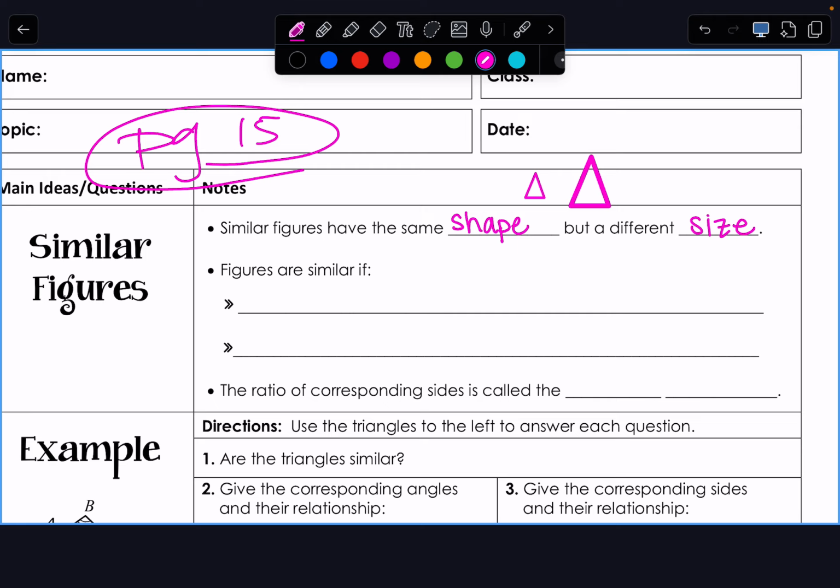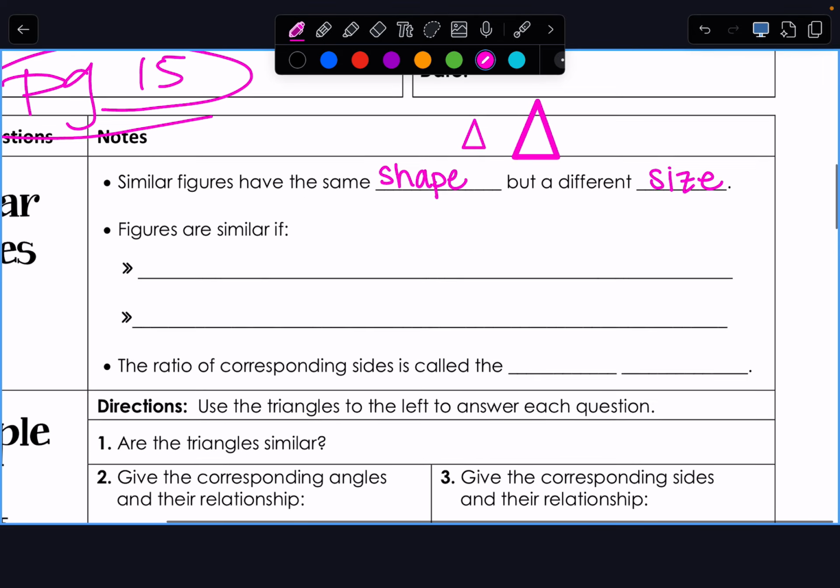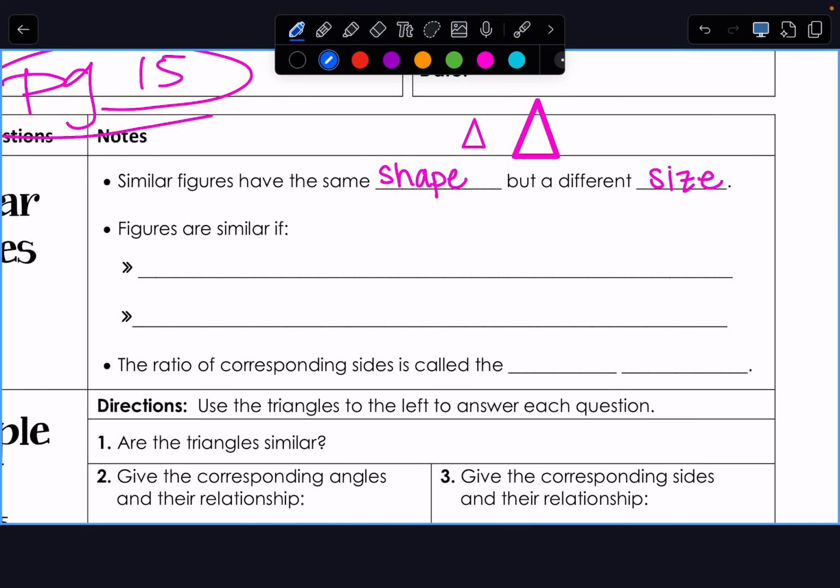Now, what's going to be true about our figures? Do you remember on our quiz what corresponds with angle Q? And you said angle B. Yeah.